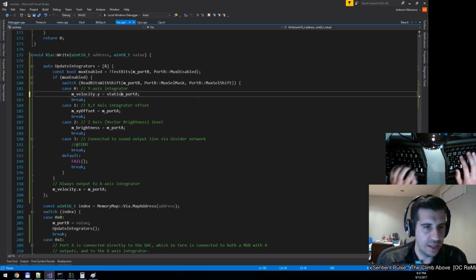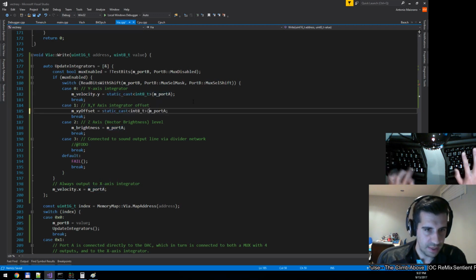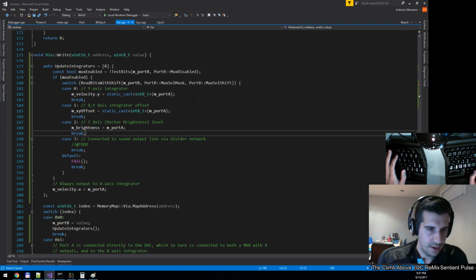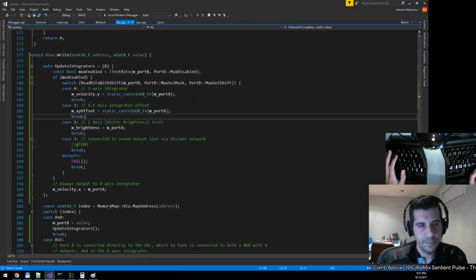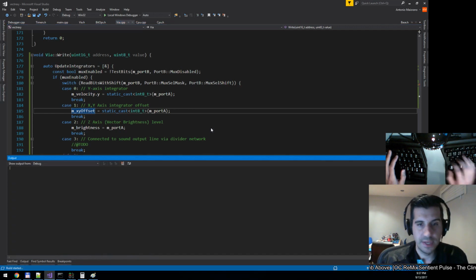So I think all I need to do is cast to an int8_t, and then that will be converted into a float. Same thing here. Vector brightness, no. And then we'll see for the sound stuff later. But also the XY offset, I remember, is a signed value, strangely. Okay, so let's see now what happens.